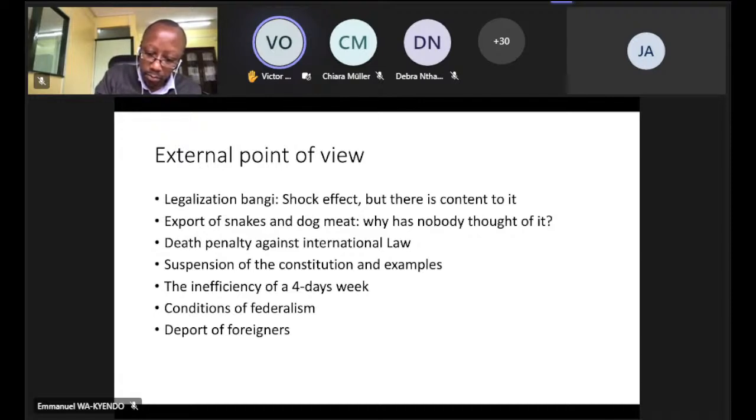But number three is that I didn't see anything to do with the Kenyan value system. Of course, the manifesto talks about dealing with corruption and hanging people and so forth, but they haven't gone into the root cause of what brings corruption.